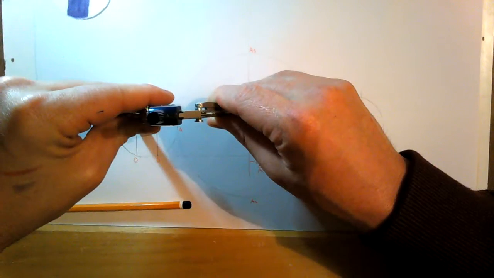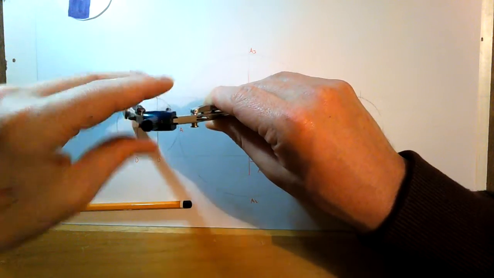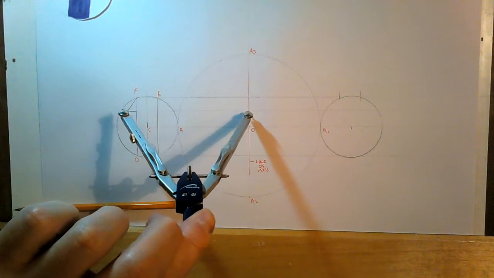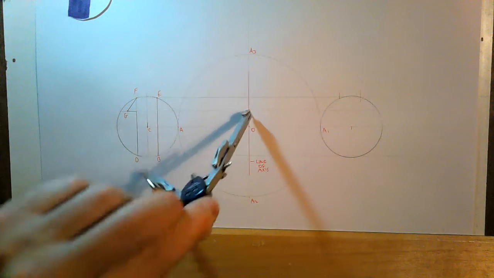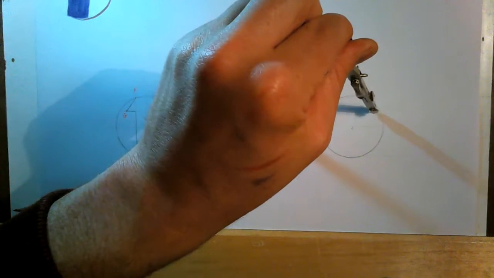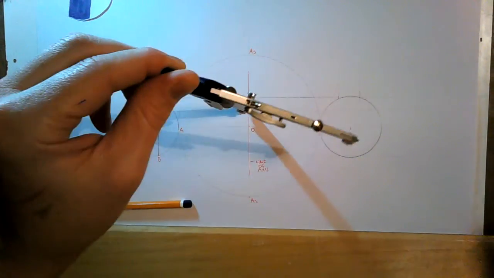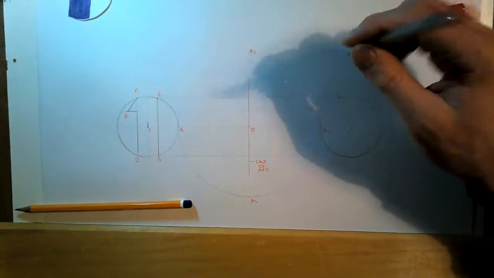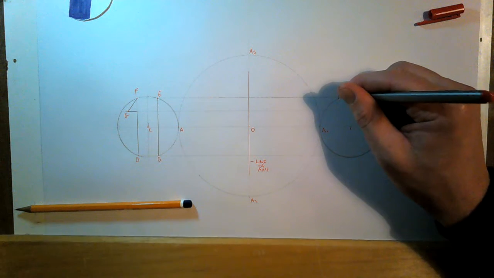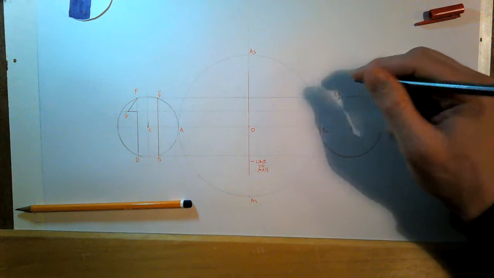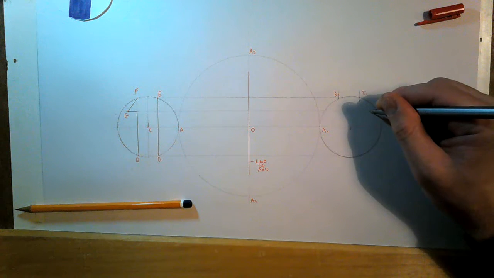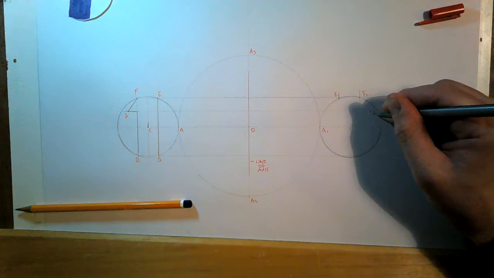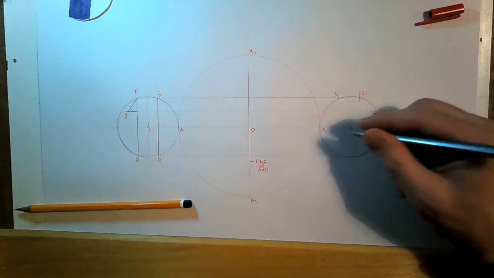Find G. There's G there, bring it over. Put G there. Start labeling these as they go along. So that was E1, F1, that's G1. We have C1.